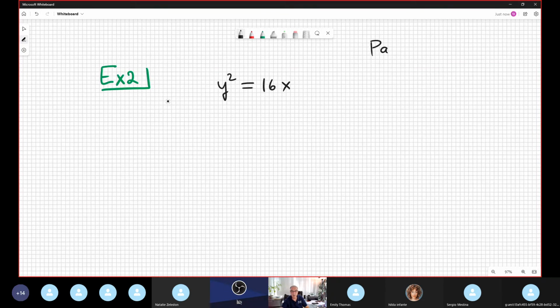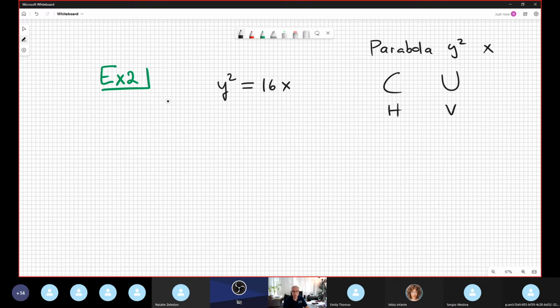How do you know it's a parabola? Parabola because y is squared and x is not squared. If both are squared, it's something else. But what kind? Is the parabola like that or like that? Is it horizontal or vertical? Horizontal. Martín Céspedes says it's horizontal. And the clear identification is when y is squared, it is horizontal.